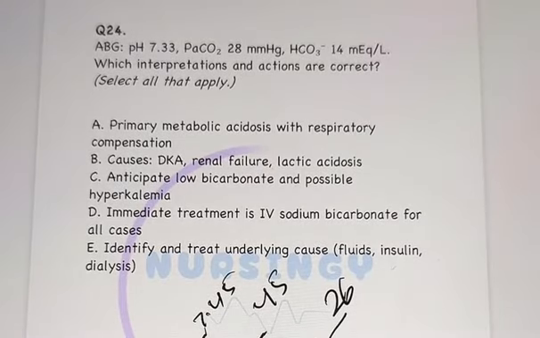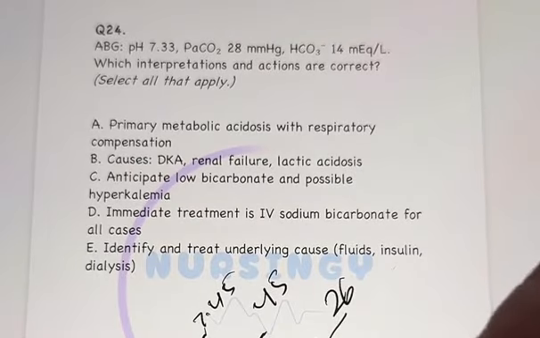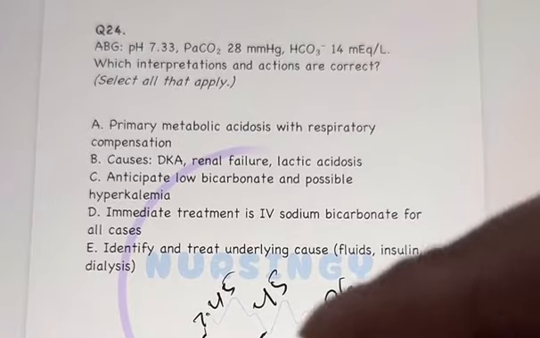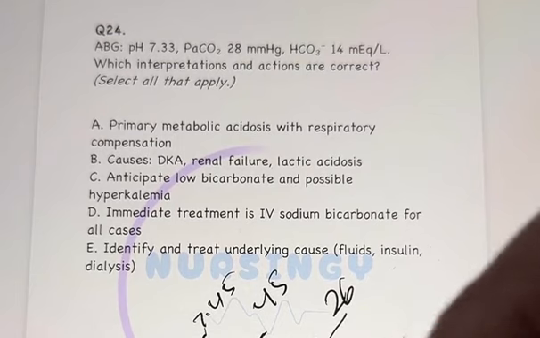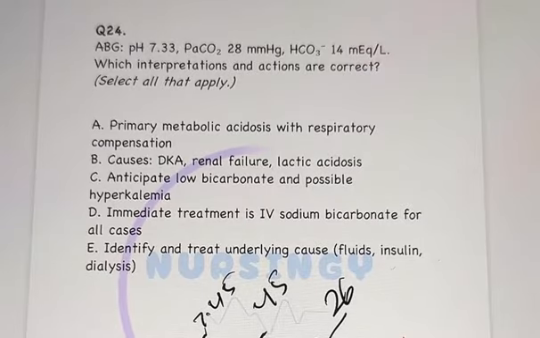So we got everything on the same side. According to the ROME rule, respiratory opposite, metabolic equal, they are on the same side, so it is metabolic acidosis with respiratory compensation, because respiratory compensation is also happening here.